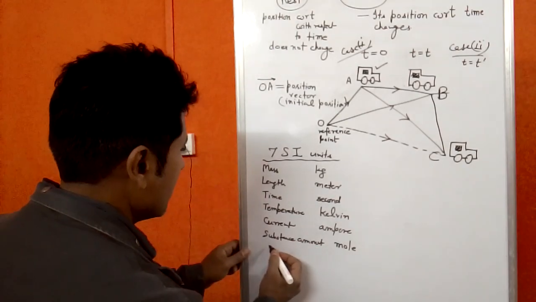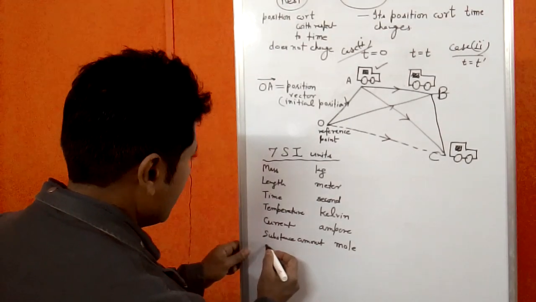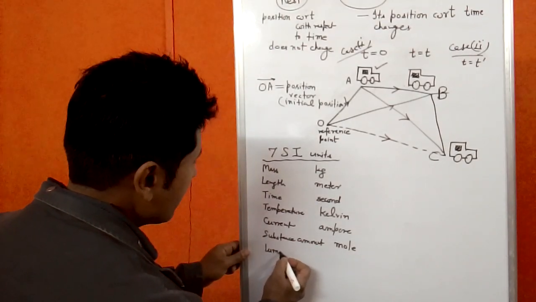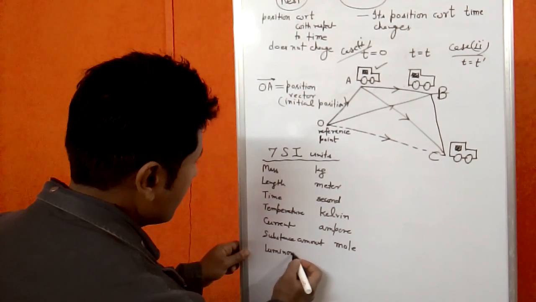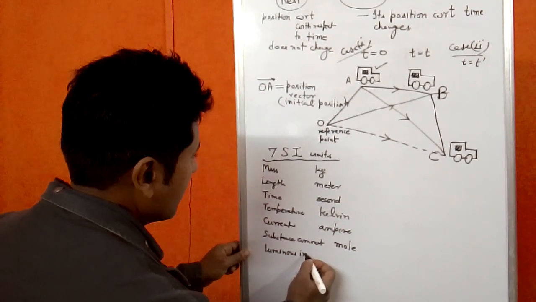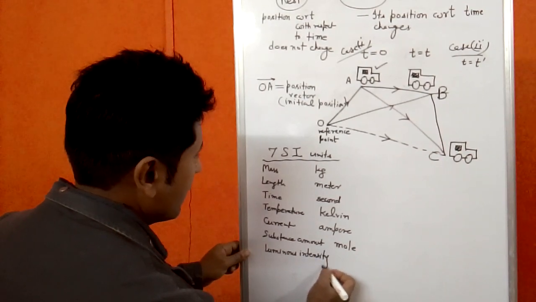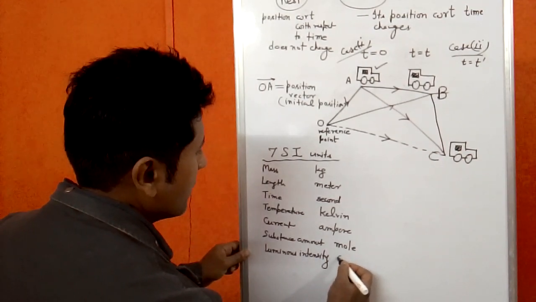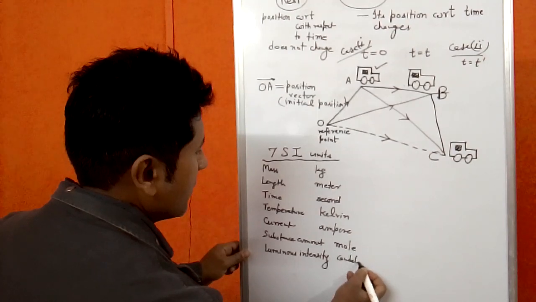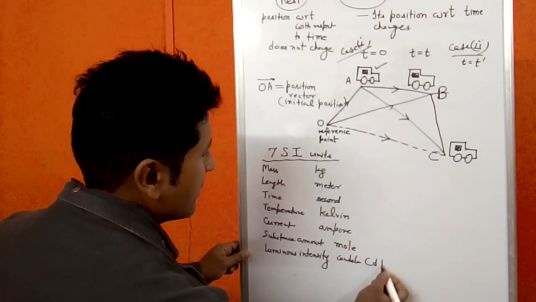Then we have luminous intensity, it is measured in candela, that is CD.